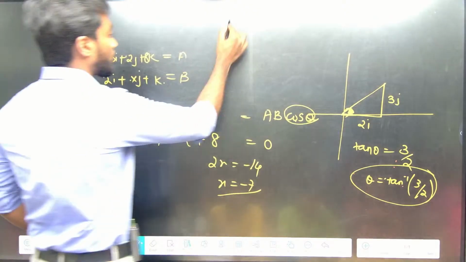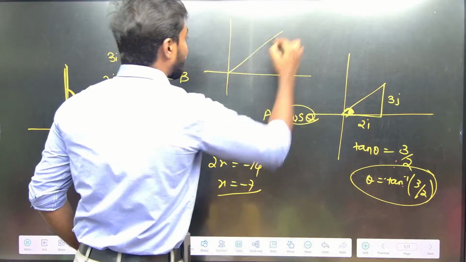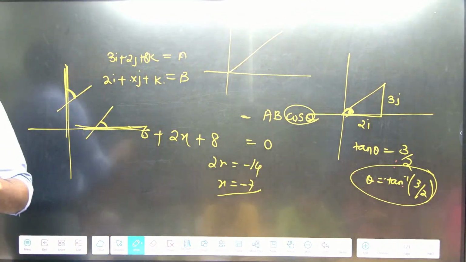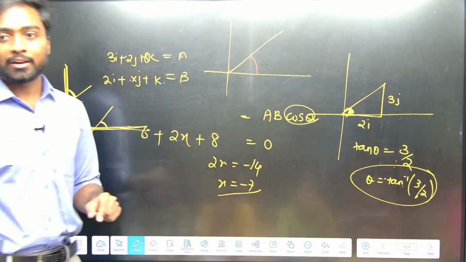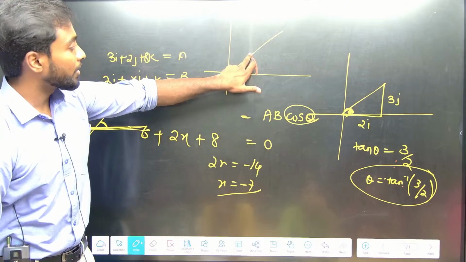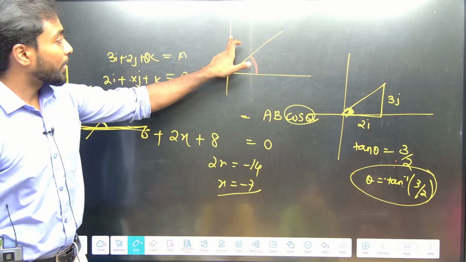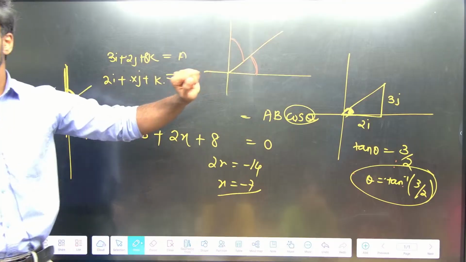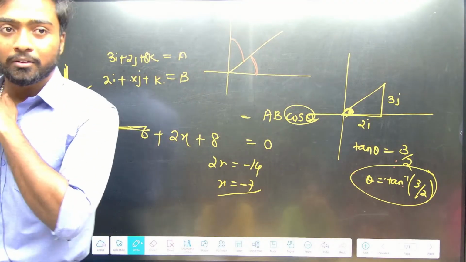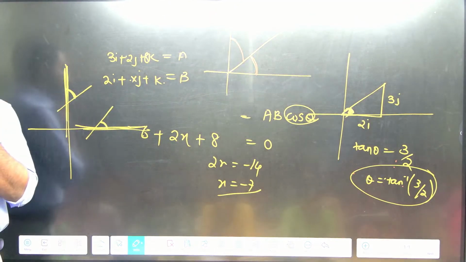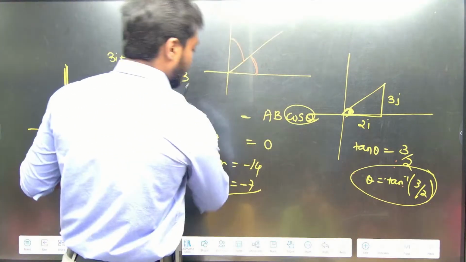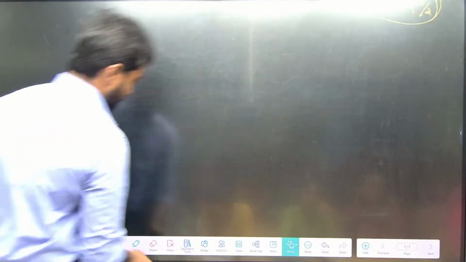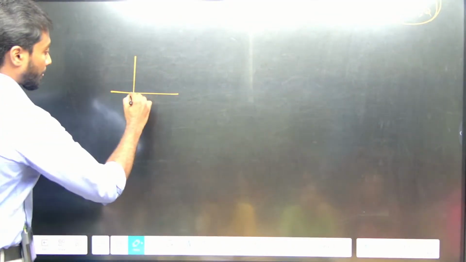See, suppose this is the line, okay? If it is with respect to the x axis, take the angle from the x axis. If it is with respect to the y axis, take it from the y axis. The term 'with respect to' is important. I'll draw both separately.